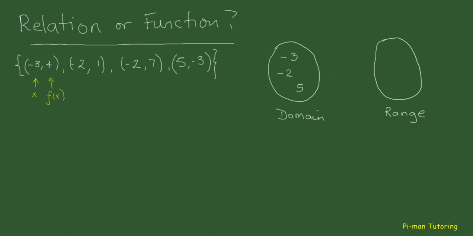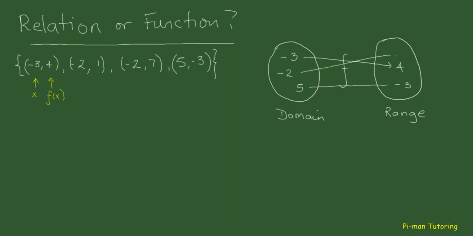So where does each of these input values map as we apply the function f to it? So -3 maps to the value 4 in the output range. 5 maps to the value -3. But -2 we see maps to 2 different places.